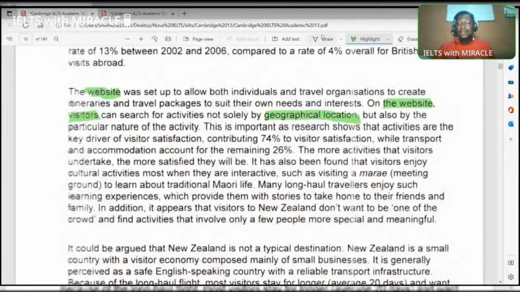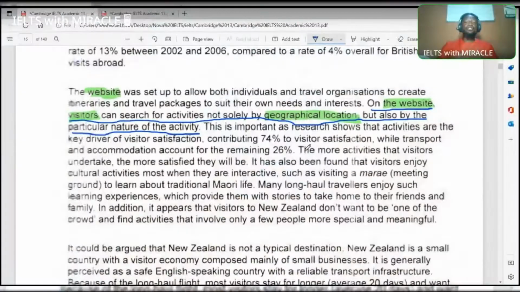On the website, visitors can search for activities not solely by geographical location, but also by the particular nature of the activity. So you see, there is nothing that tells us of most. Then they told us that visitors can search. They did not tell us whether they have started searching or whether they have not started searching. So that makes our answer not given.